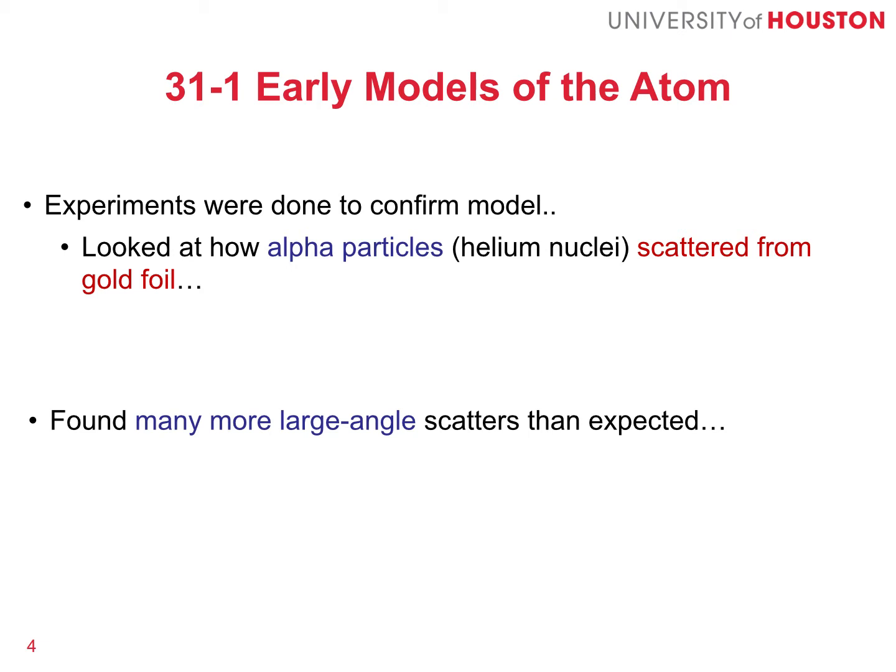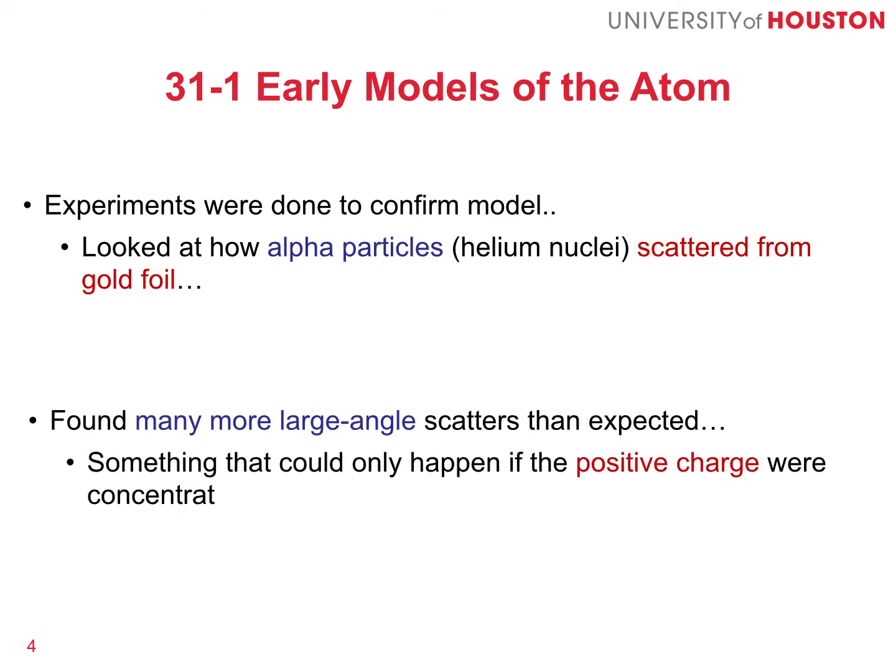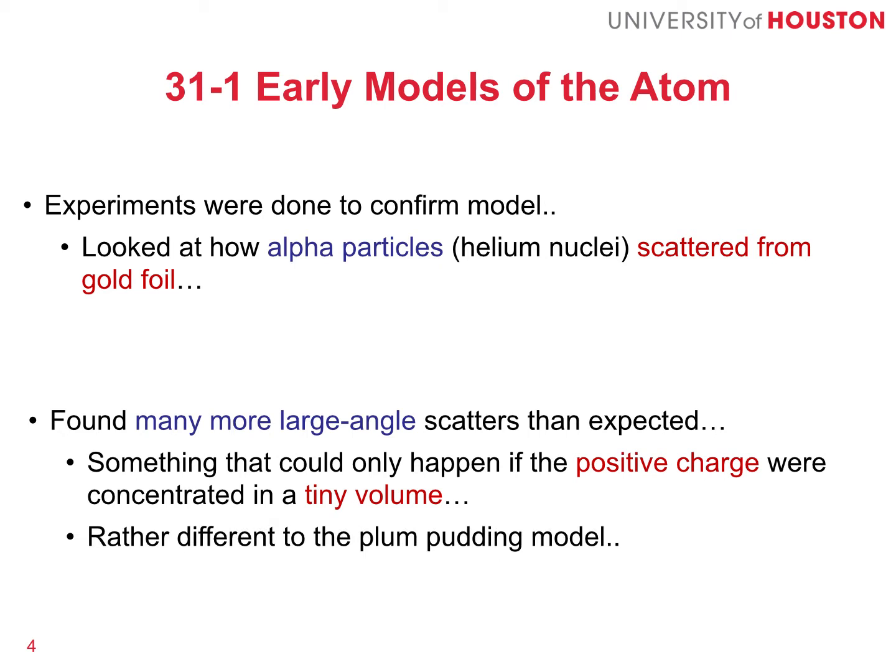Now, this is something that can only happen if we have a positive charge that was concentrated in a very tiny volume in the gold foil itself, and this was a rather different idea to the Plum-Pudding model, where the positive charge was spread out over a much larger volume.